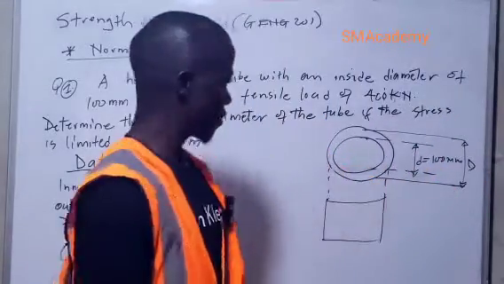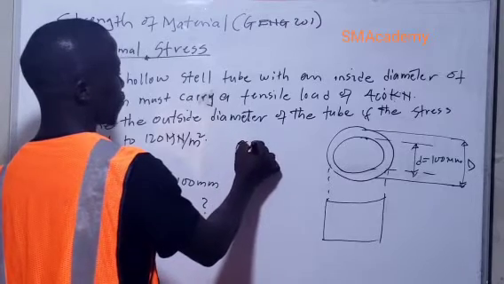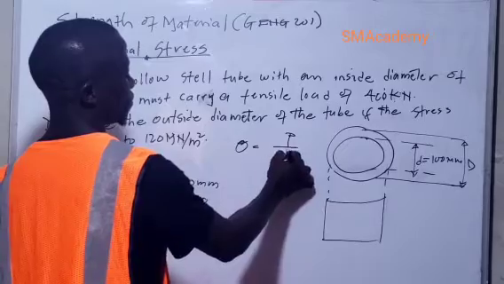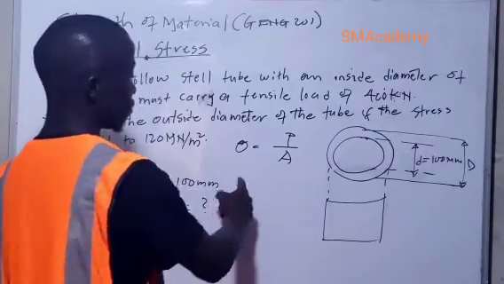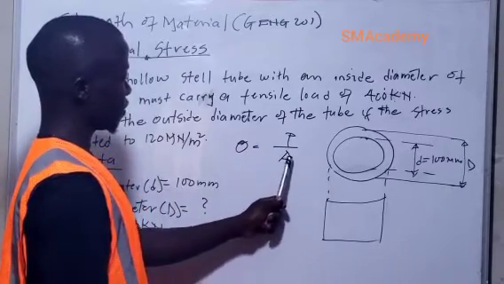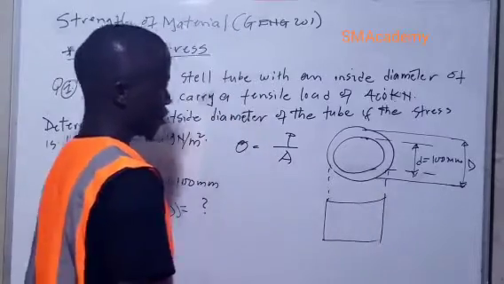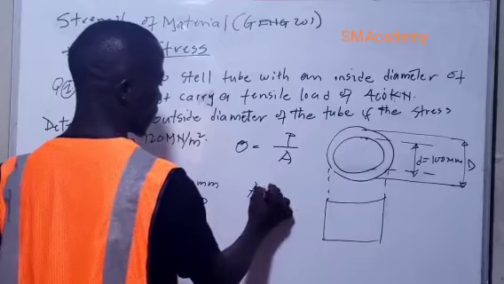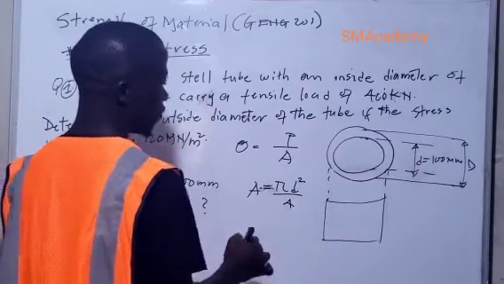So looking at this, we know that stress is equal to force over cross-sectional area. But note, we are not given the area, but we can generate the area from the diameter, because we know that area is equal to pi d square over 4.